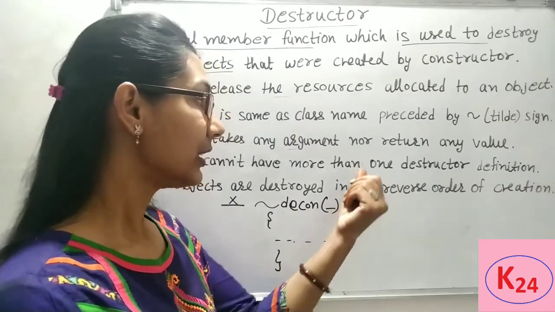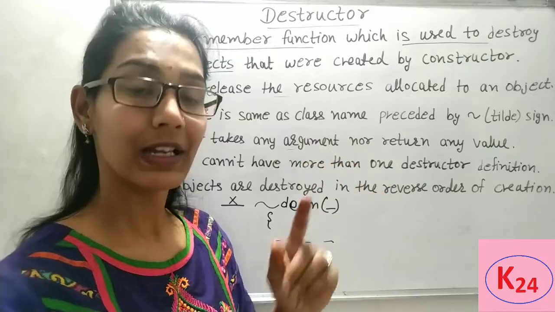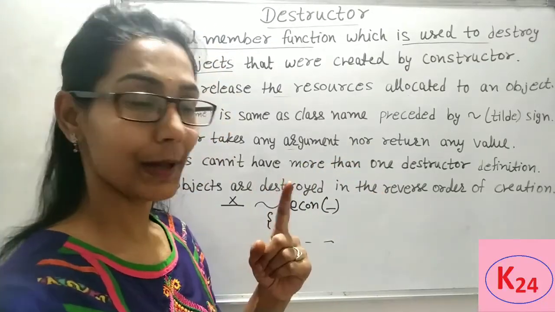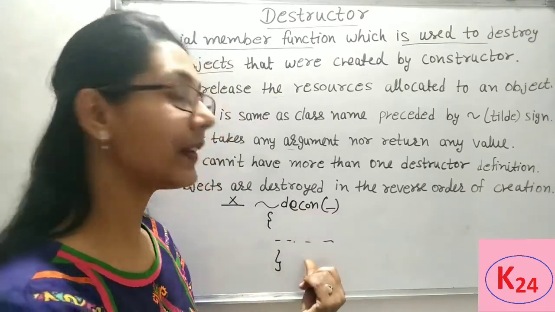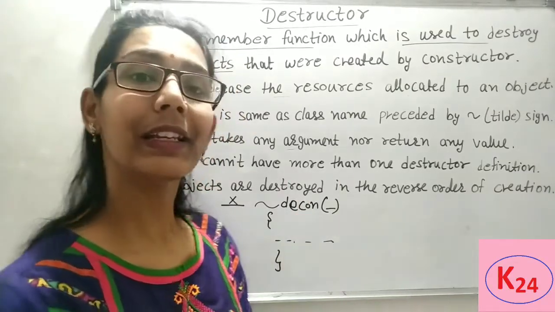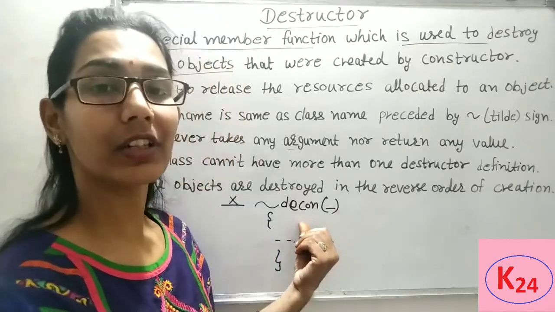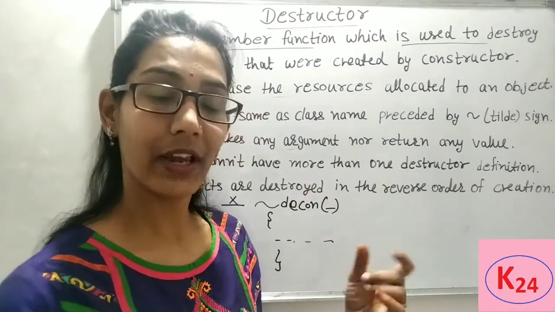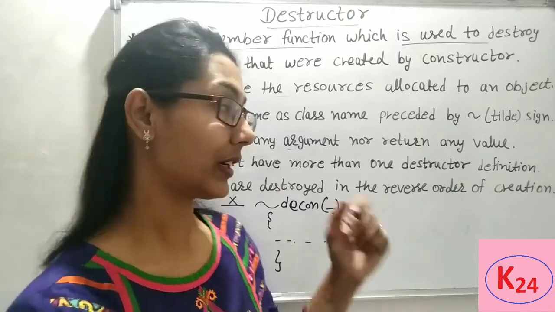The compiler will call the destructor 5 times, but we will write the definition only one time. If we do not write any definition of the destructor, then the compiler will automatically generate the destructor and call it according to the objects. If we have 5 objects, then it will call the destructor 5 times.